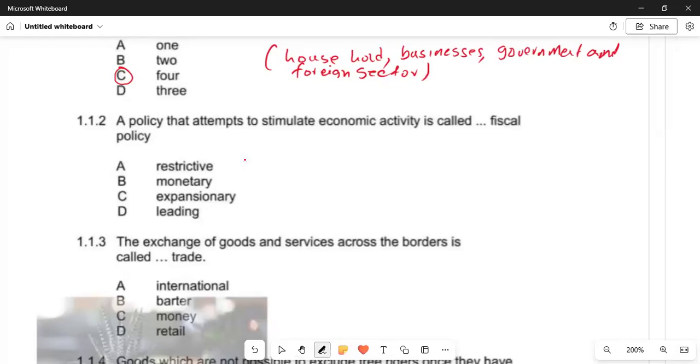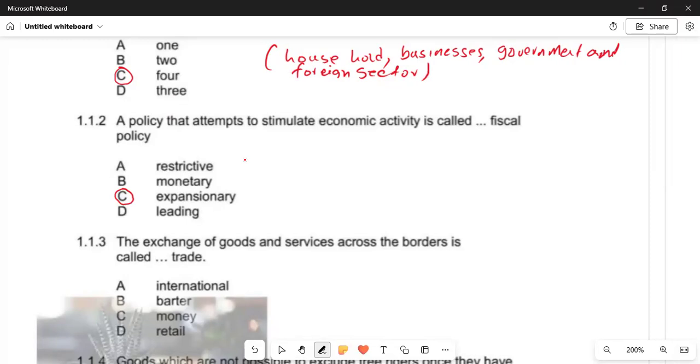Now we are moving on to 1.1.2. A policy that attempts to stimulate economic activity is called dash fiscal or monetary policy. We are given 4 options, and we have to choose the best answer. That is also C, expansionary.